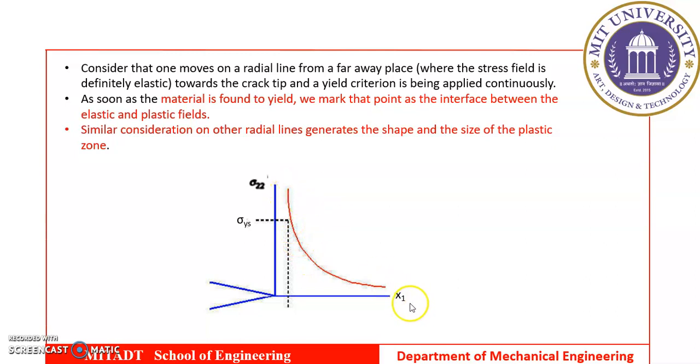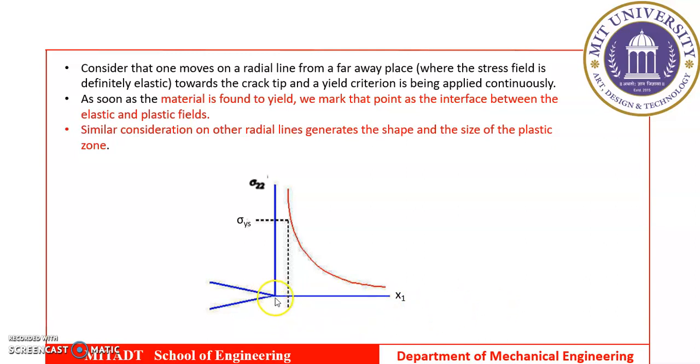Now when we are moving in this direction, here the material yields in this particular case. So this point is the yield stress. Now this is the interface between the elastic zone and plastic zone. That means in this area there will be a plastic zone, and from this point onwards there will be elastic zone in this direction.